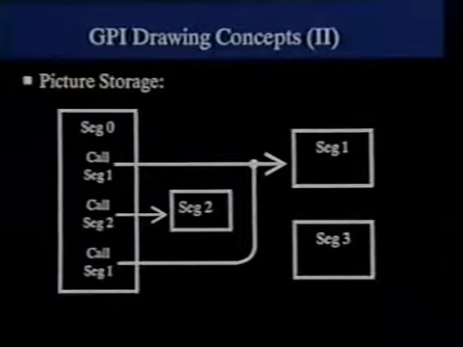The actual functions in the GPI to control the use of the segment store to refresh or create images have to do, first of all, with drawing control. The functions for setting and inquiring drawing control are embodied in this fairly complicated set of parameters, the control and the value parameter, which specify, for example, whether you want to say, let's run through this list of segments and figure out what the boundaries are in the coordinate system that I'm using.